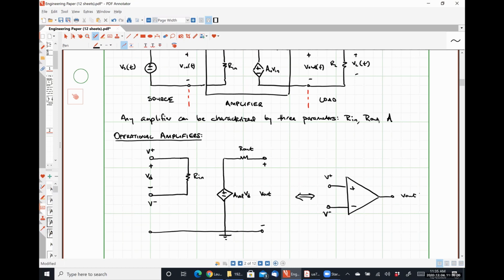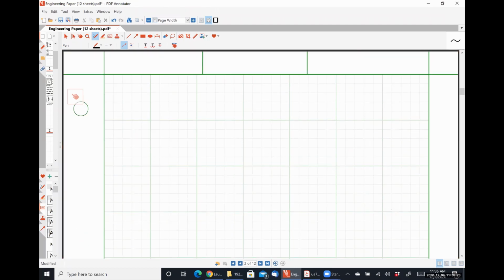Before we jump into any real circuit analysis, it might be useful to get comfortable redrawing op-amp circuits to utilize this model, because that's a very common mistake that I see students make. So let's take a couple of minutes and do that real quick.